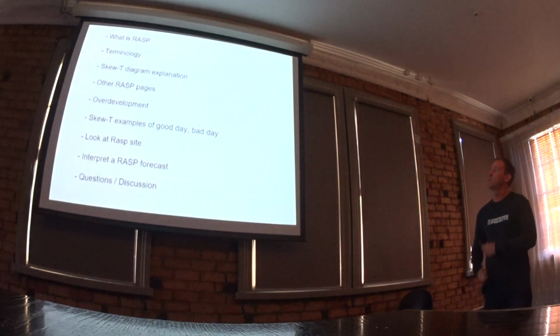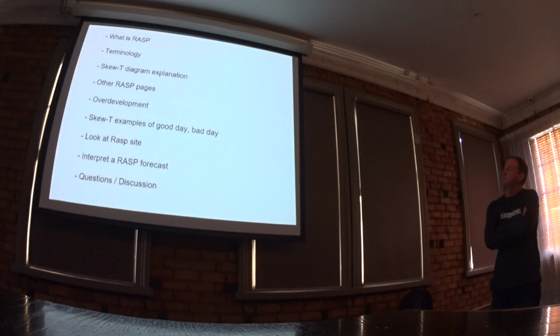So we're going to have a real quick explanation of what RASP is. Just a recap of some basic terminology that you would have learnt at paragliding school or hang gliding school. Then we'll have a look at the Skew-T diagram and explain all of the parts of it and how it works. And then we'll look at the other RASP pages, the block maps.